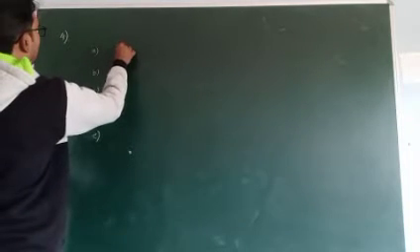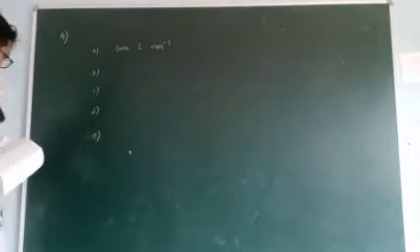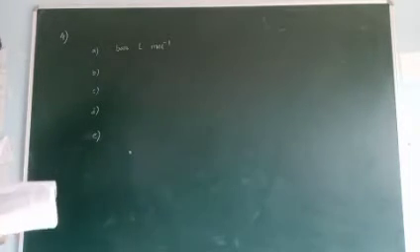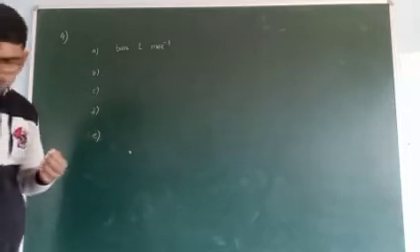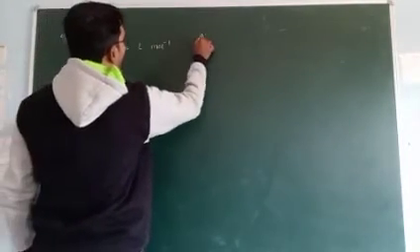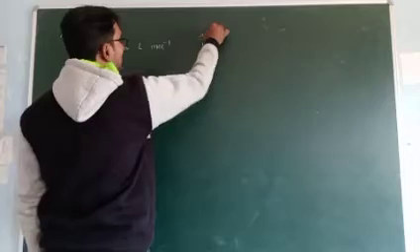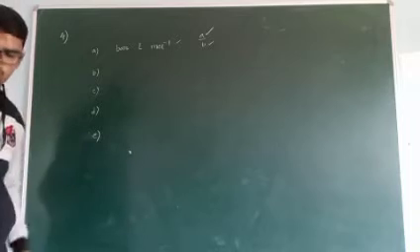A, bar liter mole inverse. Bar liter mole inverse. This is the units of A, comma B. We know the values of A and the value of B expressed in units. It gives the A by B value units.